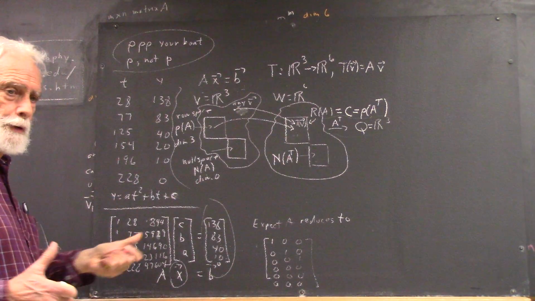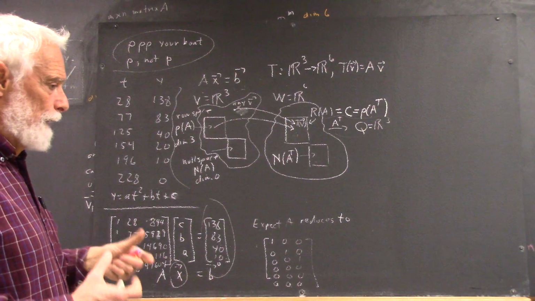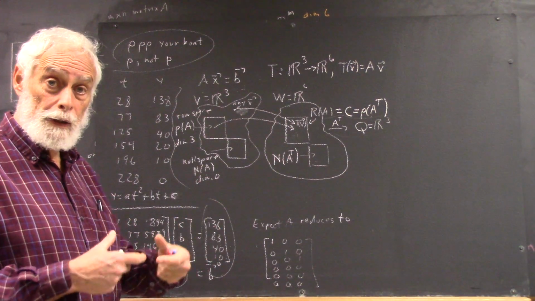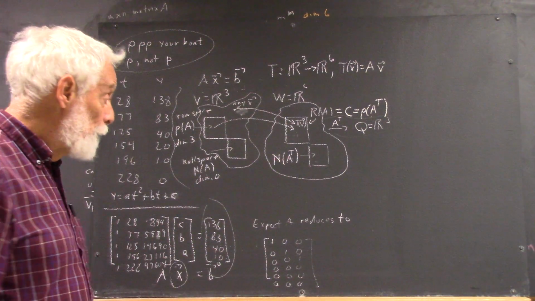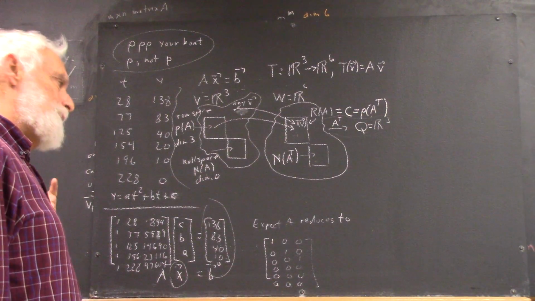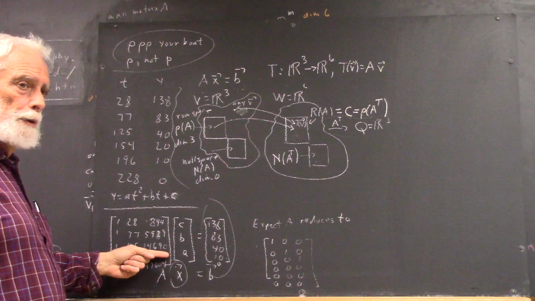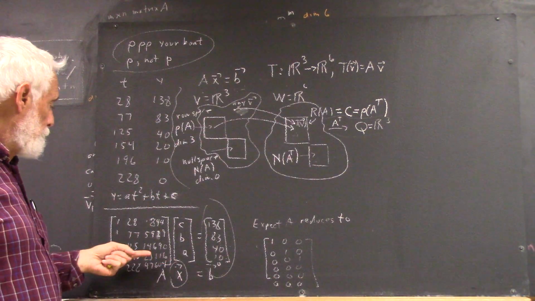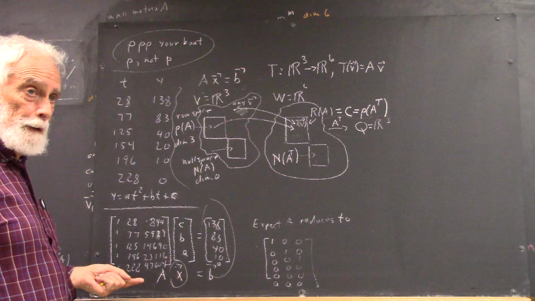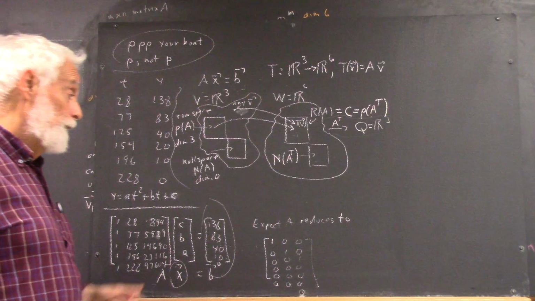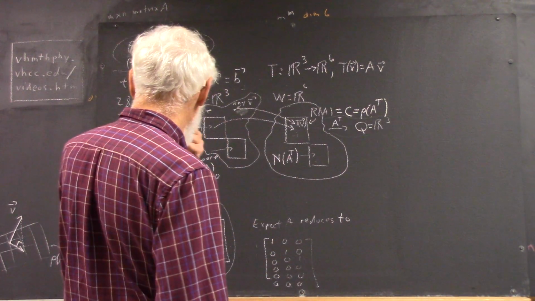Just because this is real world data, it is not likely to give you numbers that match up well enough to make a determinant 0. And so you wouldn't expect the determinant of the first 3 rows of this matrix to be 0. For those reasons, you expect that A would reduce to this.